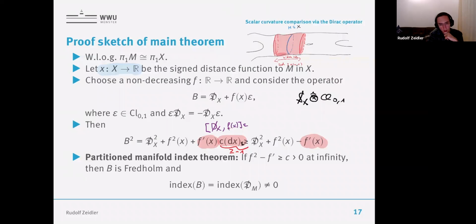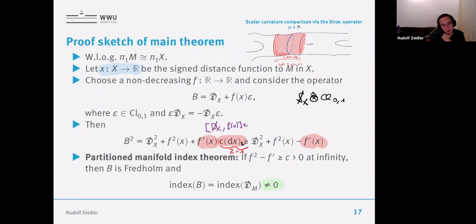It states that whenever you have this statement, the index of this B is going to be the same as the index of the hypersurface. And now the assumption is that the index of this hypersurface is non-zero.